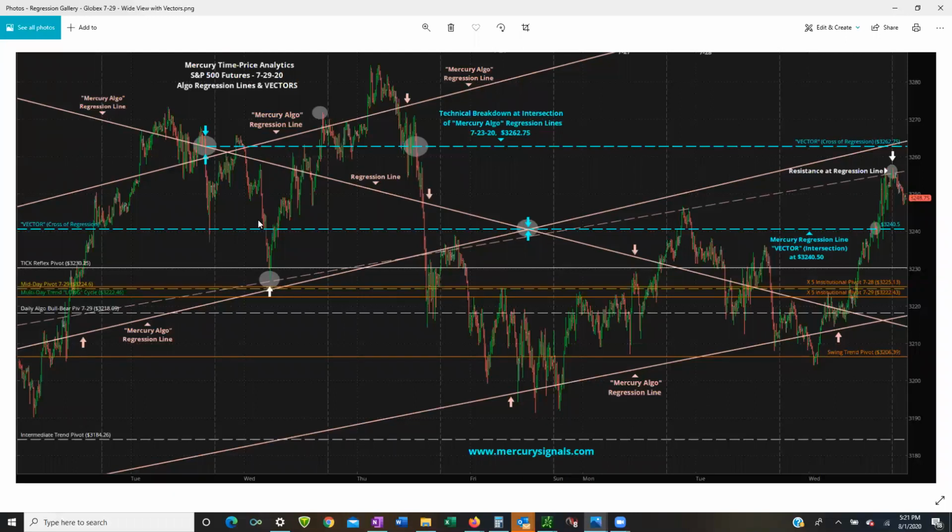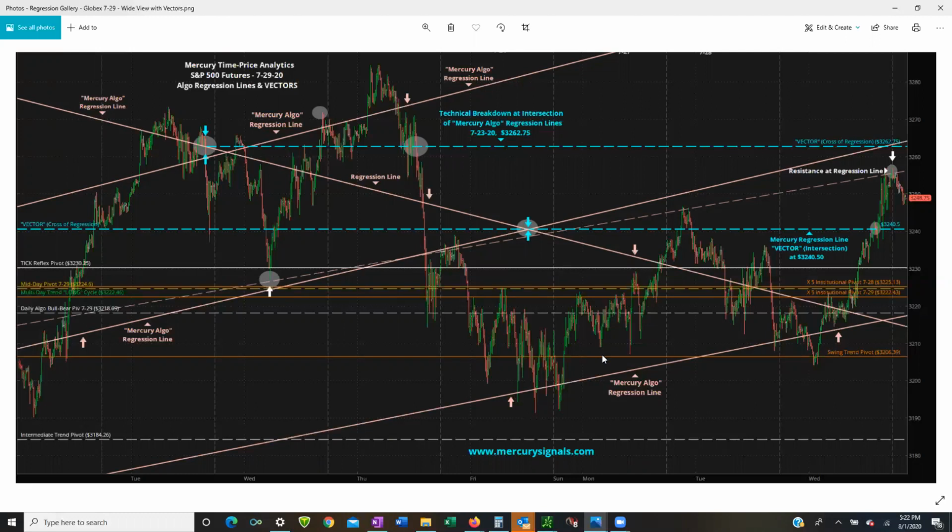Now, again, these regression lines have two different types of characteristic behavior when price comes into them. There are times when they will repel price in the other direction almost to the tick. This one sent it back higher. This one sent it back lower.